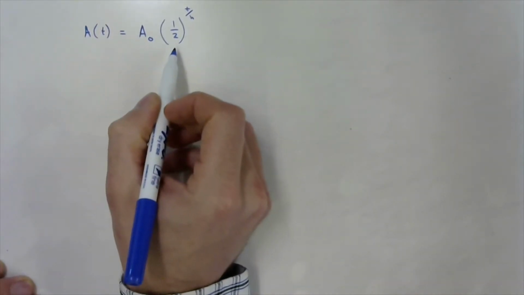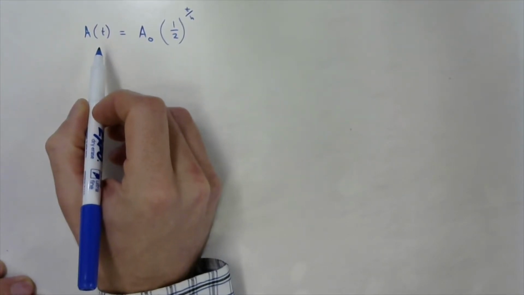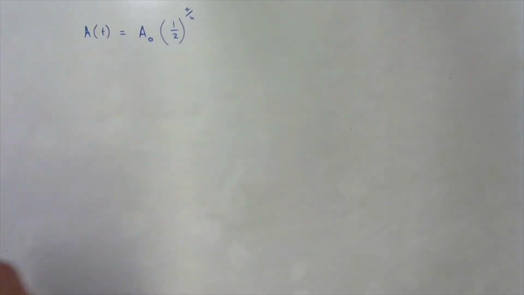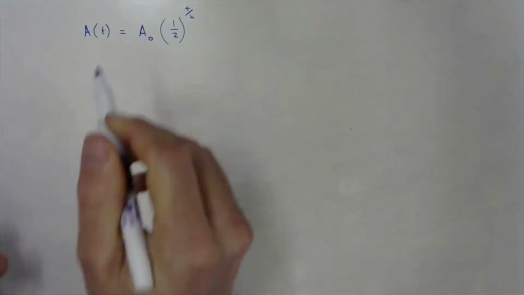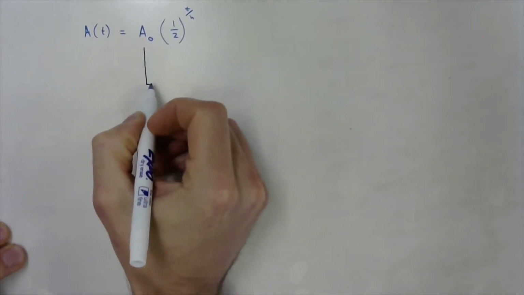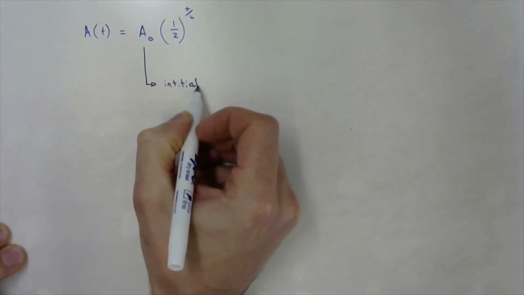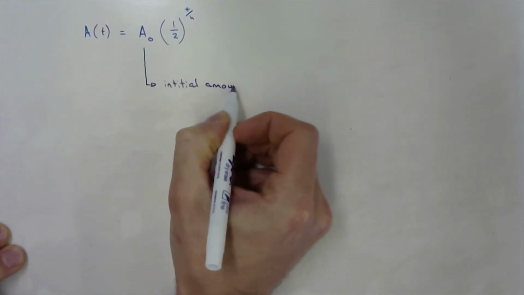In this formula, A is the amount, t is time, A naught is the initial amount. Maybe I'll draw little arrows to certain things that we're just maybe learning about or remembering. Initial amount.